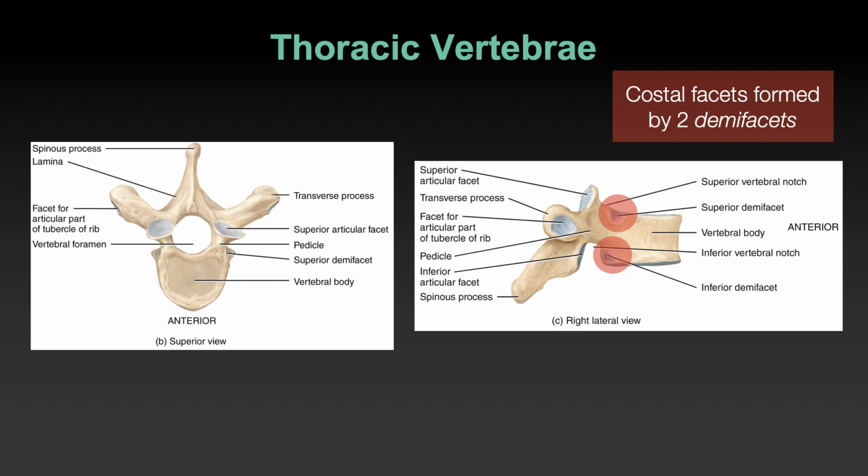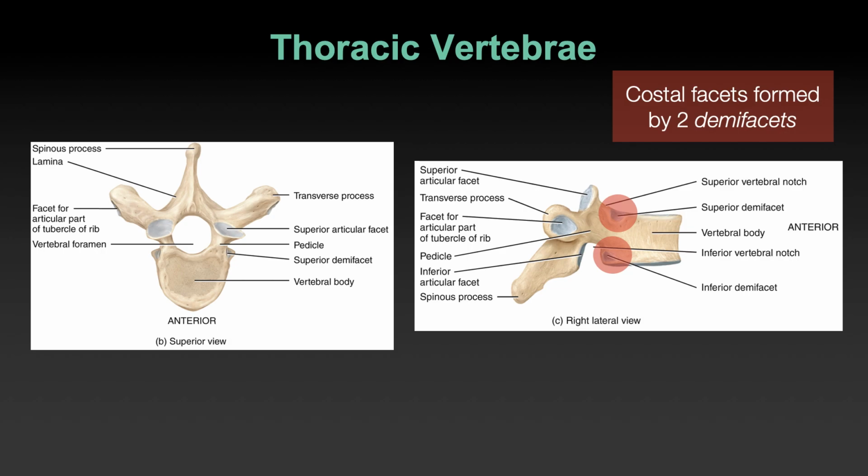It spans the section where the intervertebral disc would be. Two demifacets make the attachment point for the tubercle of the ribs. So there's a superior and an inferior, and a lot like the articular processes, the inferior of the vertebra just above this example would create the costal facet for the tubercle of the ribs.